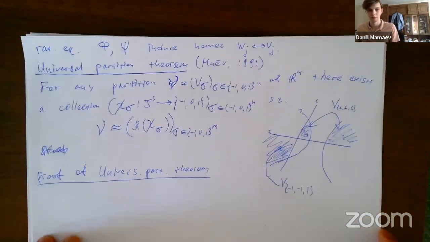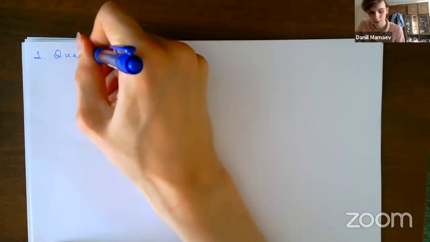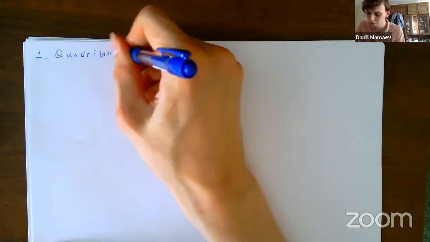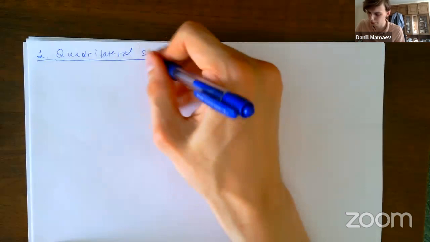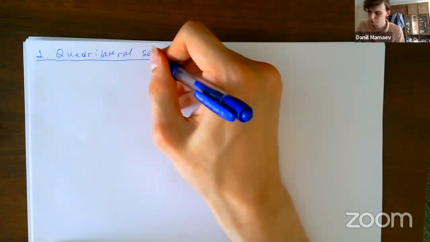Yeah, first, let's talk about quadrilateral sets. So do you now start the proof of theorem 2 or the reduction of theorem 1 to theorem 2?